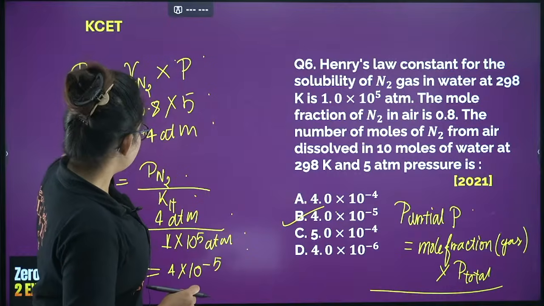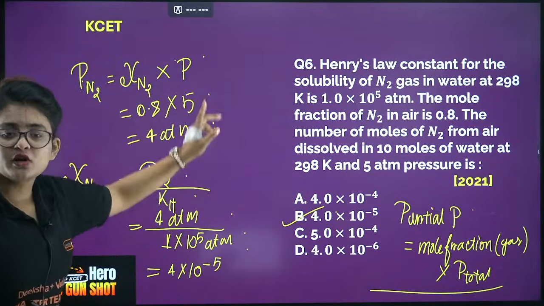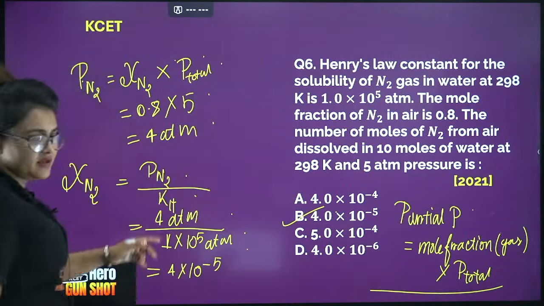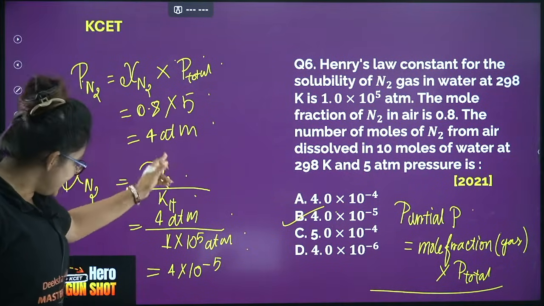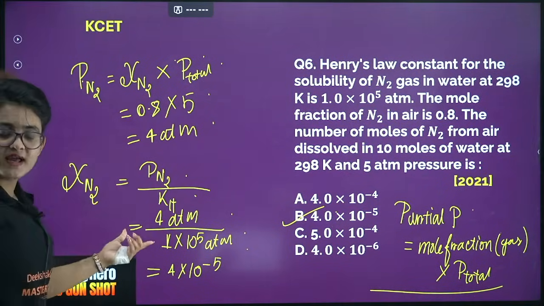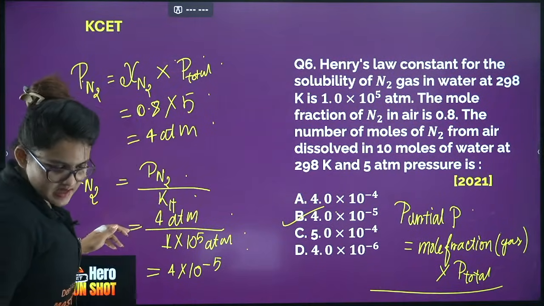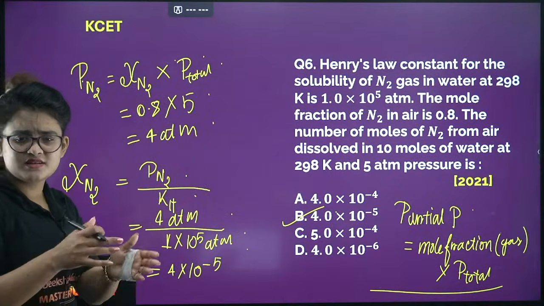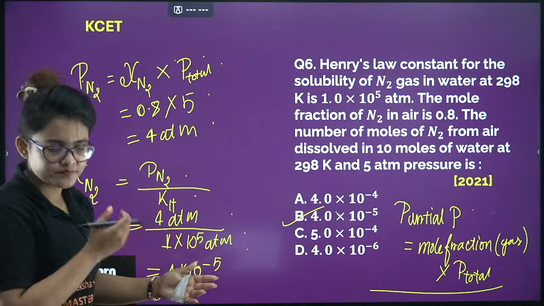The partial pressure of nitrogen, the formula is mole fraction into total pressure. If you calculate this, you get the partial pressure of N2, and then you implement that in your Henry's law. Yes, absolutely, it's a part of Raoult's law, but it is combined with Henry's law as well, that's why I kept it here.